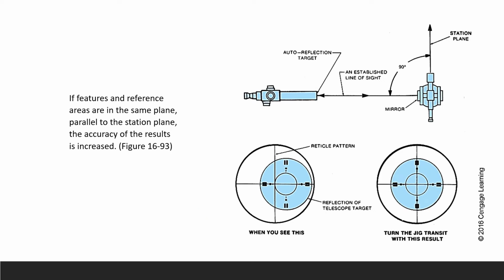In this exaggerated picture, this is just a diagram showing the way a line of sight can be created at 90 degrees. Here's our instrument, here's our mirror, here's the station plane that we're trying to measure. We create the 90 degrees with this mirror, and here's our auto-reflection target.